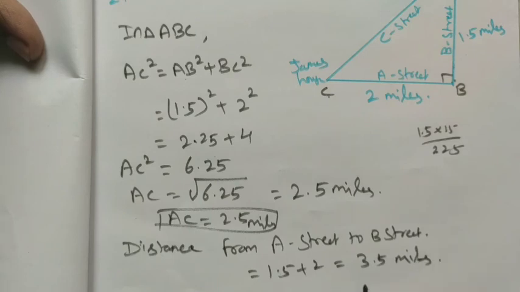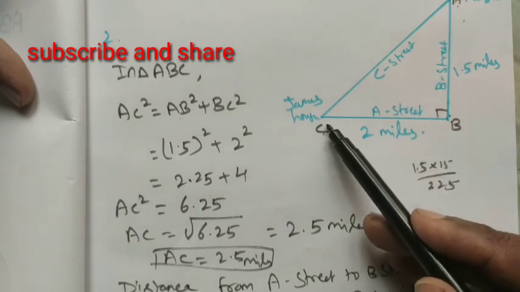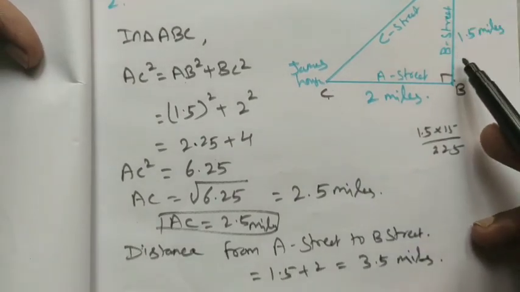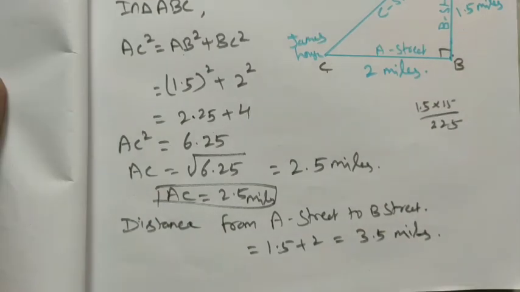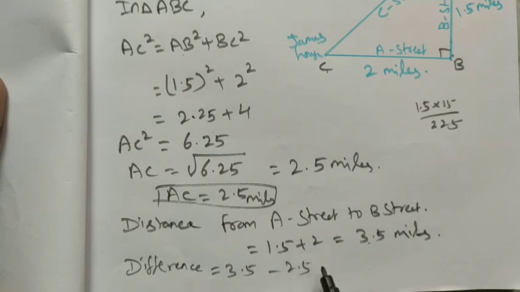What is the distance? If we directly move from Sarah's house to James' house, we get 2.5 miles. If it goes around the street B and A, you get 3.5 miles. So the difference is 3.5 minus 2.5 is equal to 1 mile.